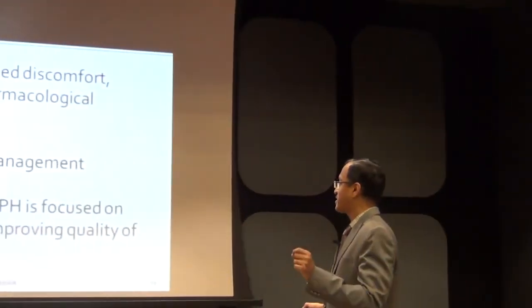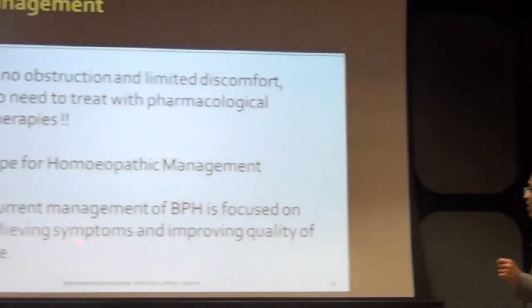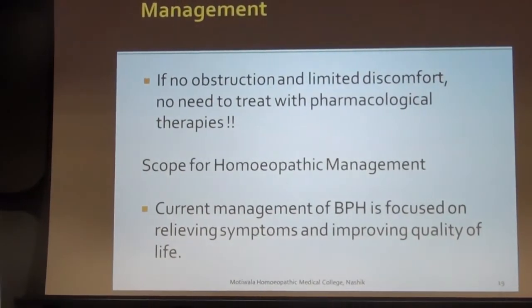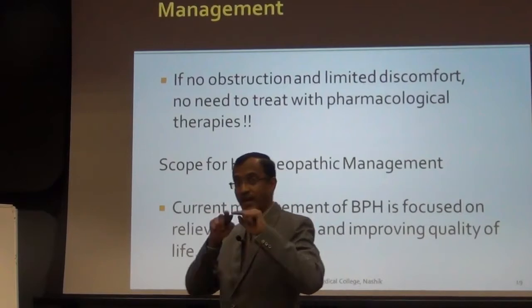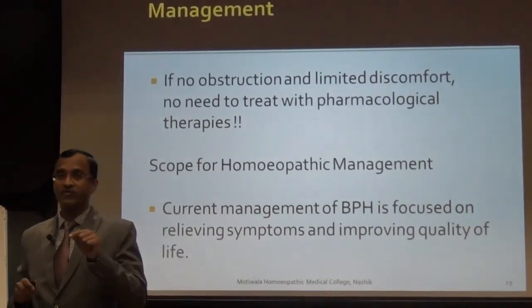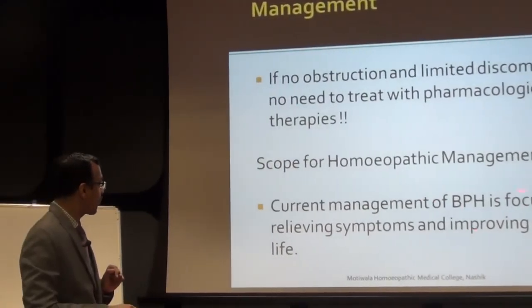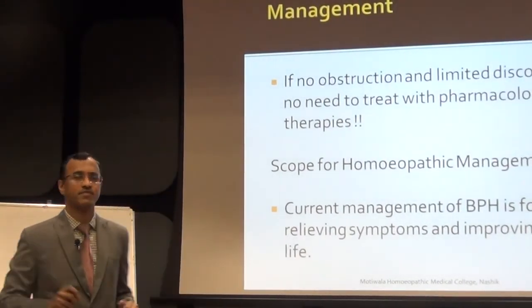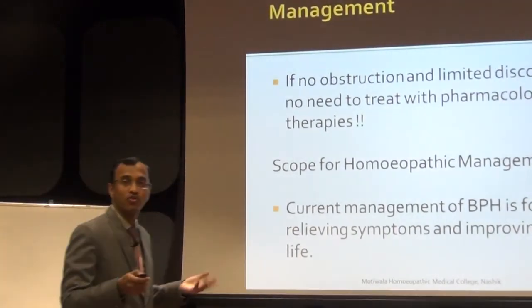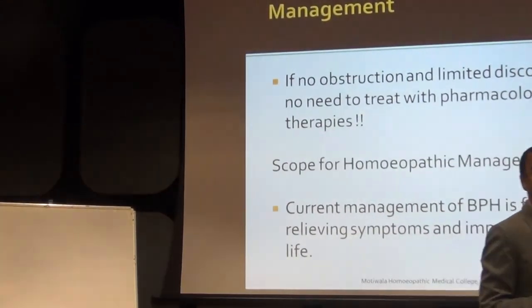The current management of benign prostatic hypertrophy is focused on relieving the symptoms and improving the quality of life. Now you have to underline this statement. Here we are saying this management focuses just on getting rid of symptoms and improving the quality of life, and they are not asking to go and get it operated.